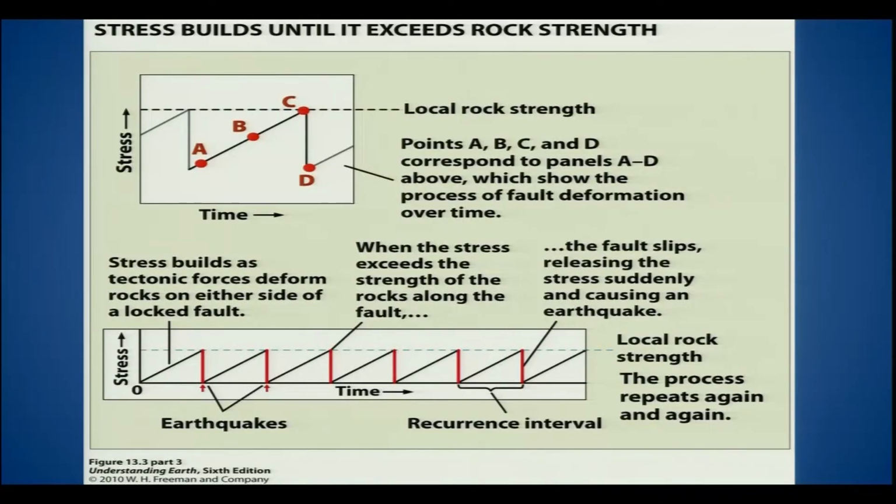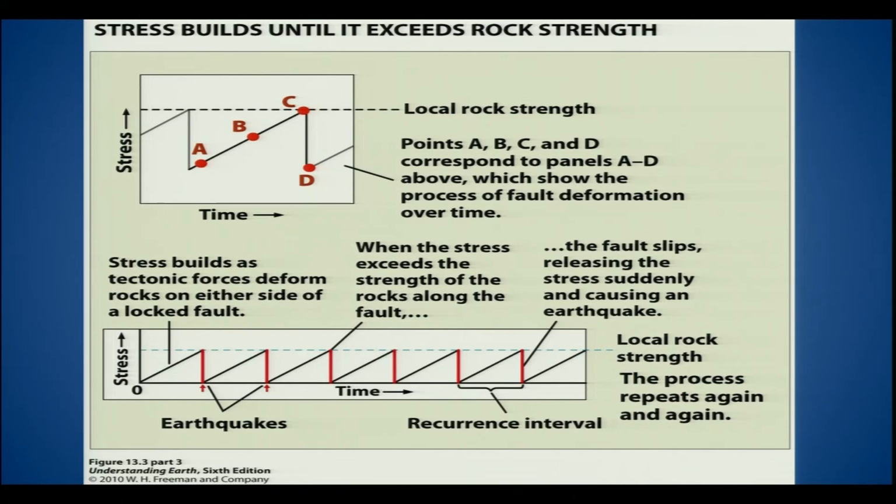The movement or slip along the fault will occur during the earthquake, and then it will cease and remain locked until it accumulates strain until it releases during the next event. So there is a cycle that we see, but the stress again will affect the strength of the rock.